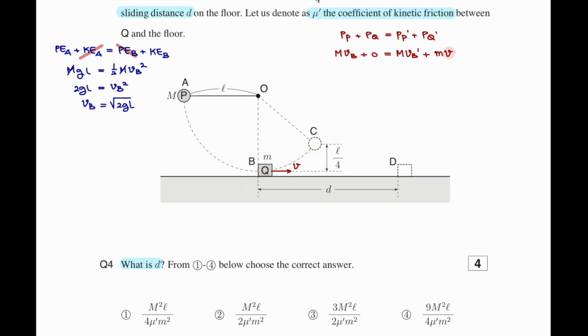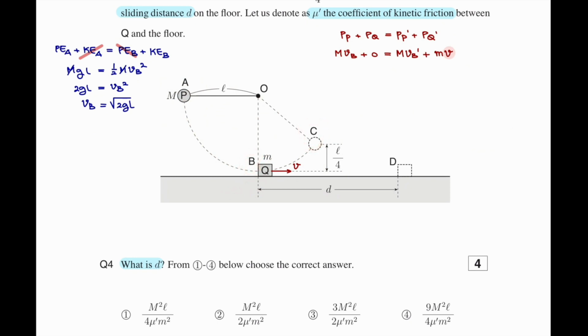So by using the same concept, which is conservation of energy, we can find Vb prime. But now we focus on position B and position C.